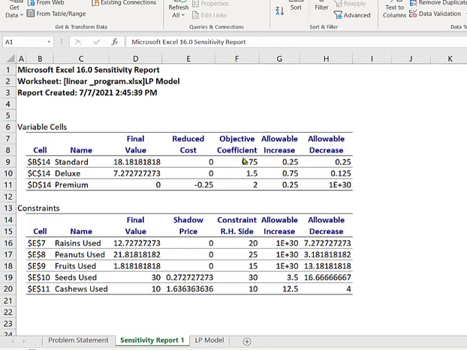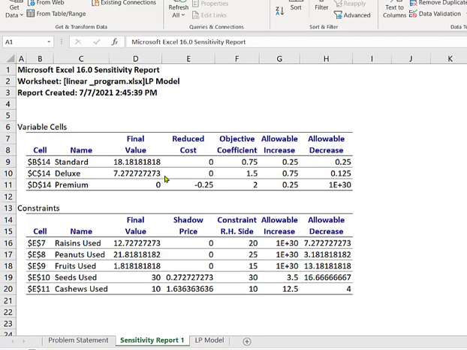These are the original objective function coefficients. These are the allowable increases and the allowable decreases. By the way, 1 times e plus 30, which is 1 times 10 to the power of 30, is infinity inside of Excel solver. So this means that for this optimum solution combination to remain optimum, the objective function coefficient of standard can be increased by 25 cents, and that won't change the optimality, or it can be decreased by 25 cents, and that won't change the optimality.